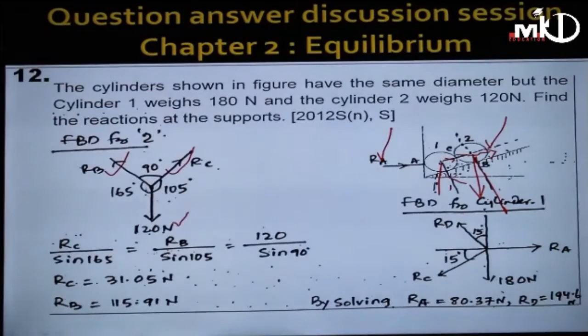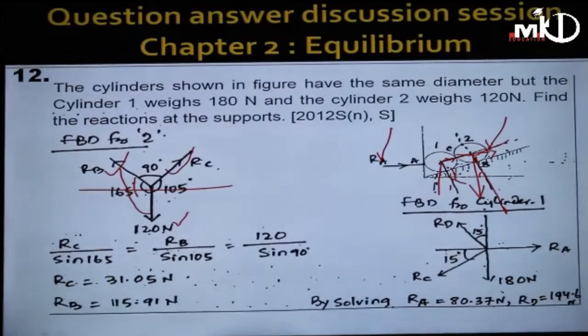Now see this angle is given as 15 degree. So obviously this angle will be 75. So now see, the angle between the 120 weight and RB with horizontal is 75. So this angle is 75 degree, meaning the total is 165. Similarly, RC is parallel to the plane.